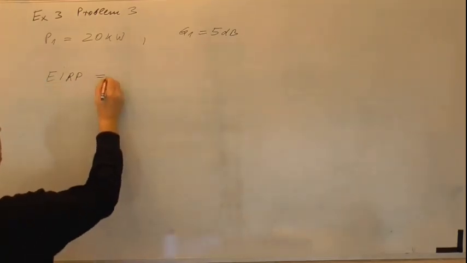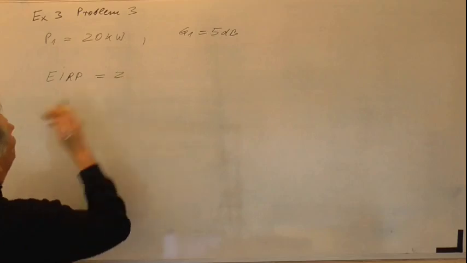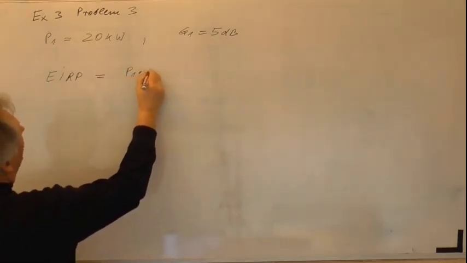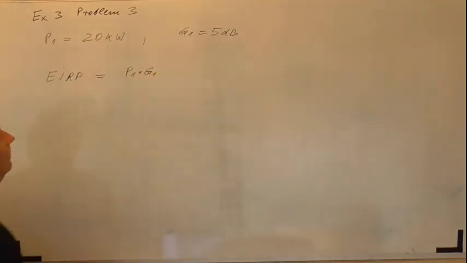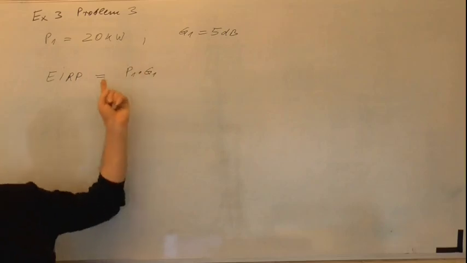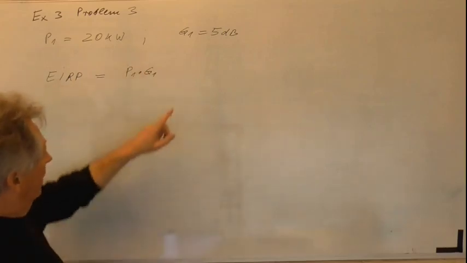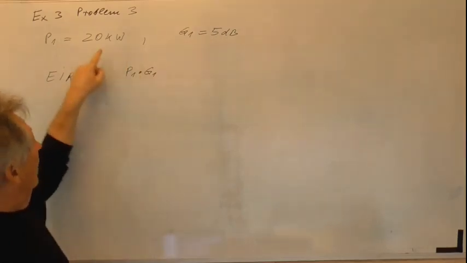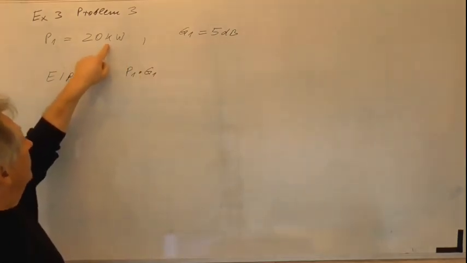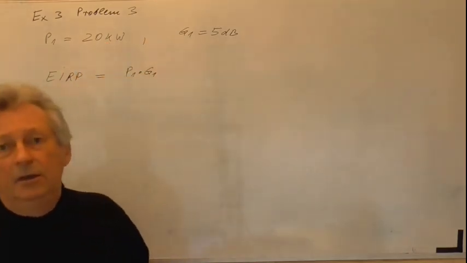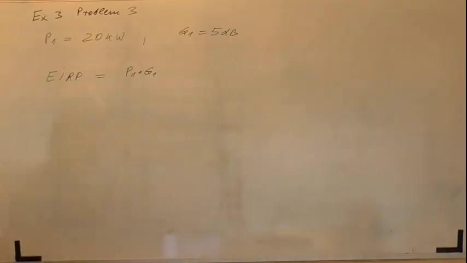So you must calculate now P1 times G1. But this equation is only valid in the linear scale, not in the dB scale. If you would insert, for example, 5 dB, then you would get as the unit kilowatt times dB, and this unit makes no sense.